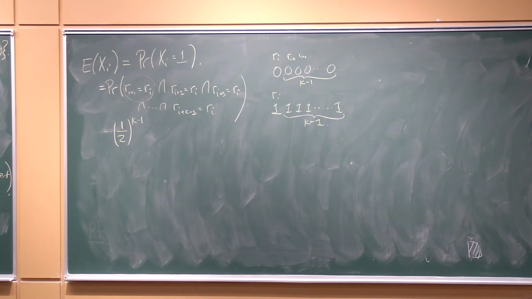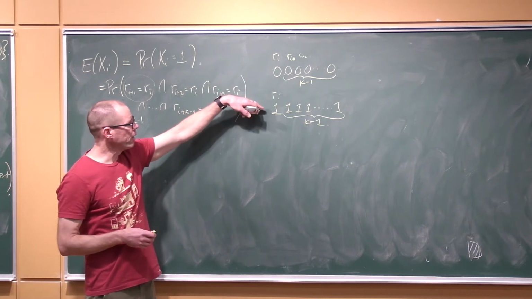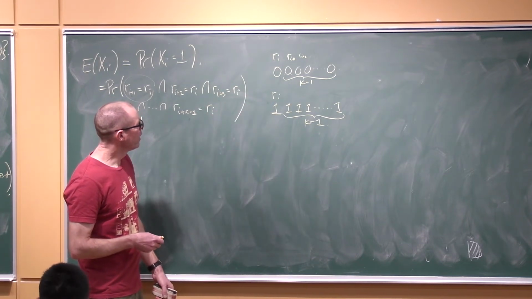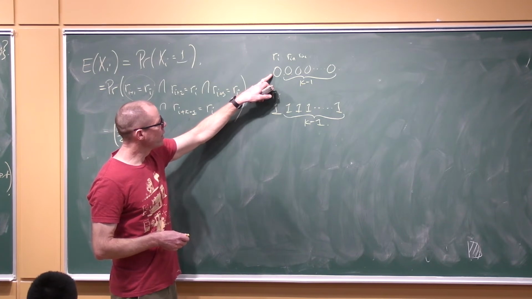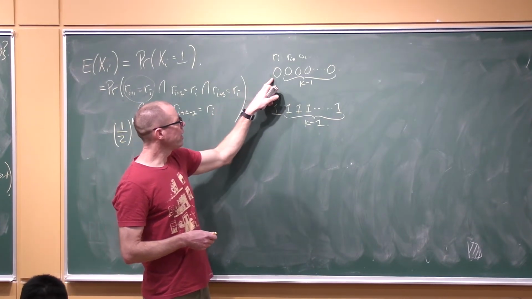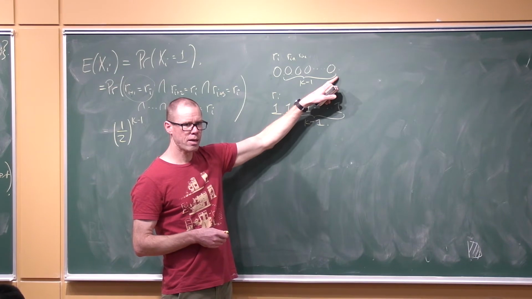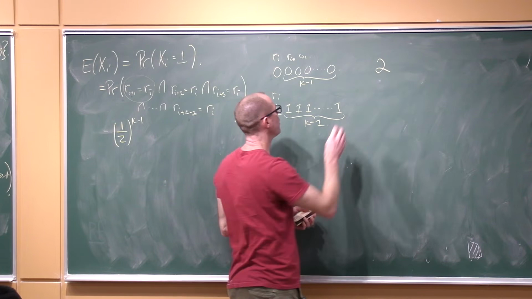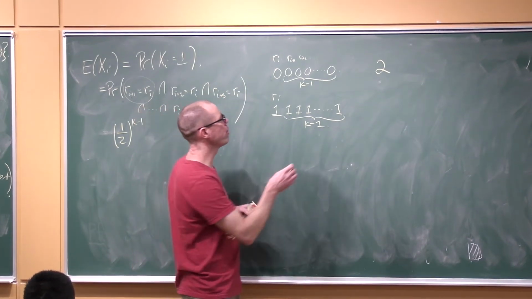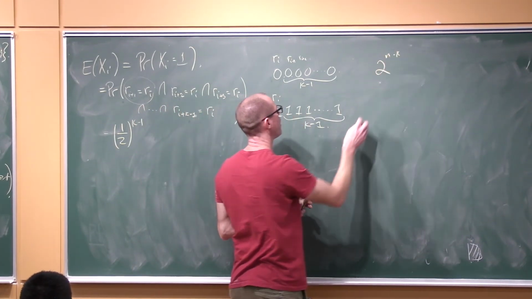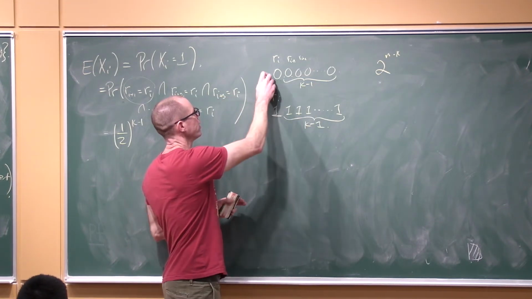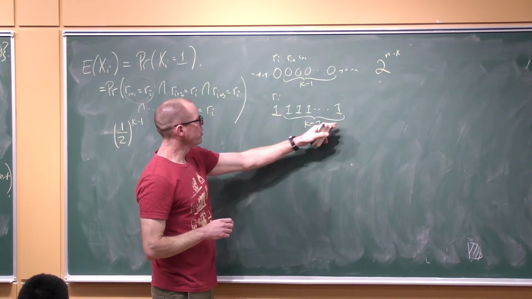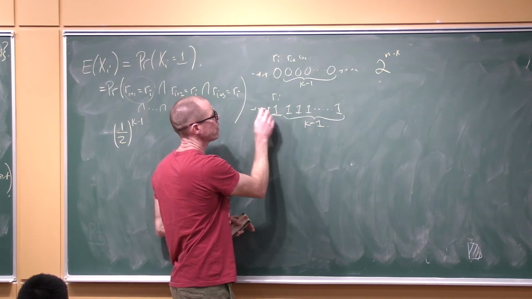Or if you like, you can count exactly how many bit strings there are like this, right? So how many bit strings are there like this? Well, this bit string has k of its bits fixed at 0. All the other bits still have choices, the n minus k bits. So there's 2 to the n minus k bit strings that look like this, with some stuff before and some stuff after. And there's 2 to the n minus k bit strings that look like this.